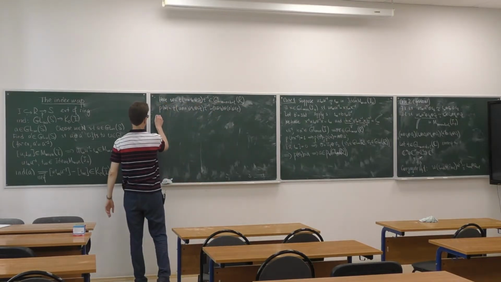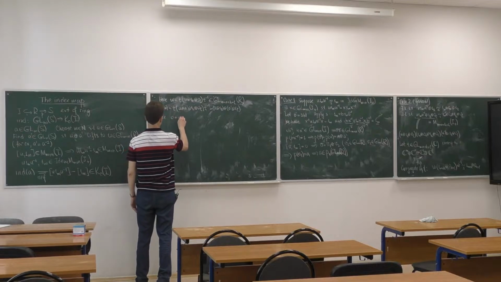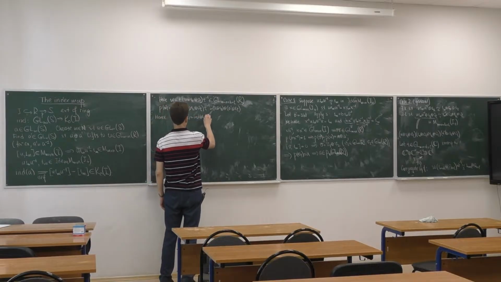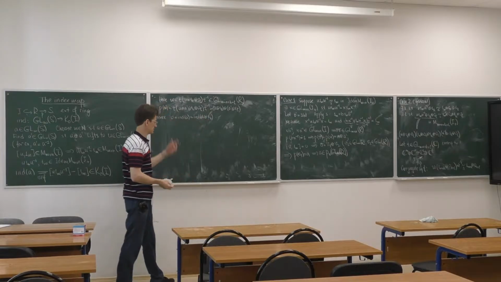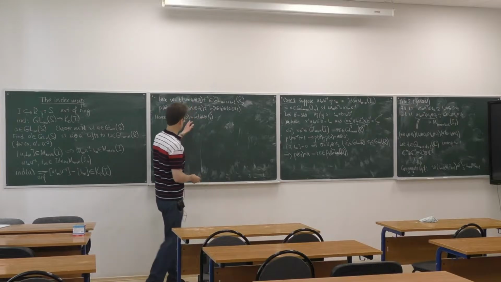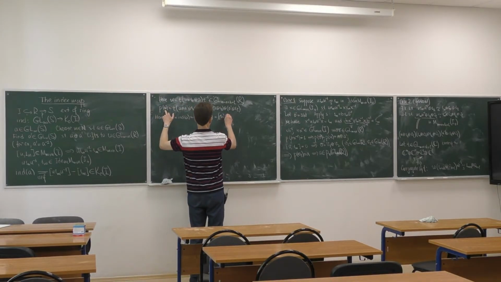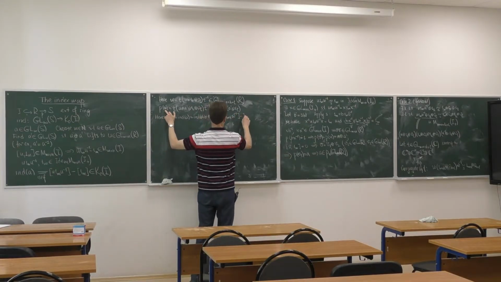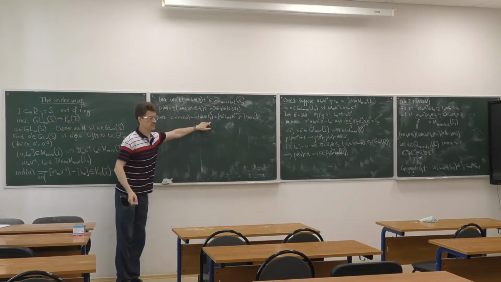And so the index of A, which is, remember that it is 0, of course it is the same as the index of A plus 1K, because these two elements represent the same element in GL infinity. And this can be calculated by using W. So this is W times 1 plus M plus K, W inverse, minus 1 M plus K. Simply by the definition of the index map applied now to this element.